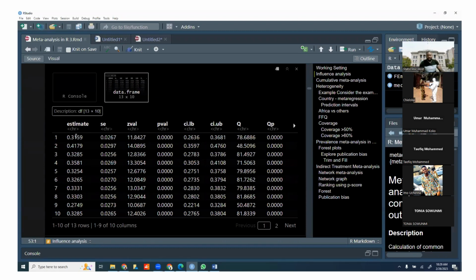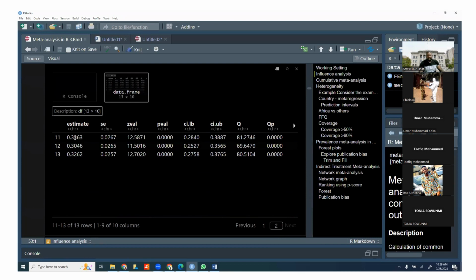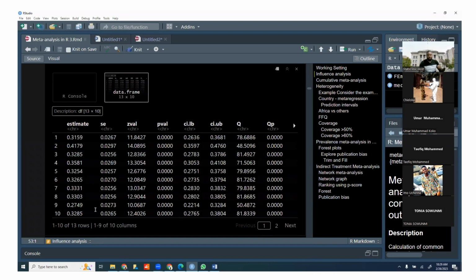Now if you look at all of these estimates, you notice that this second one is 0.42, which is above 0.40. That's up to 10, and there are more papers here. None of them goes below 0.26, but we have one that goes above 0.40.